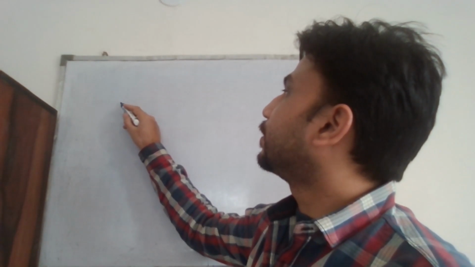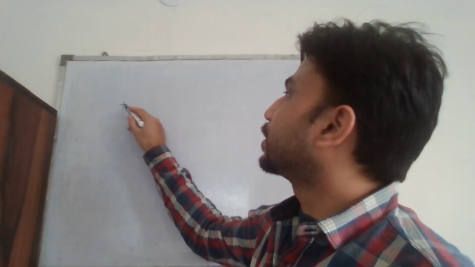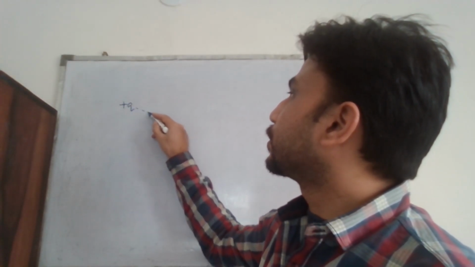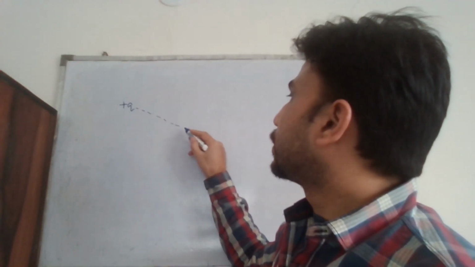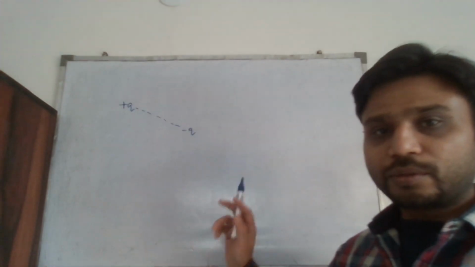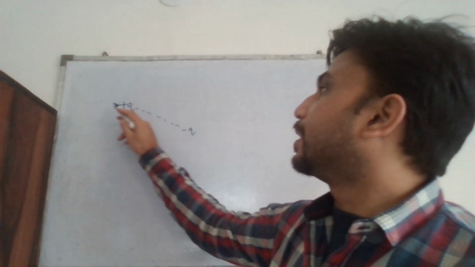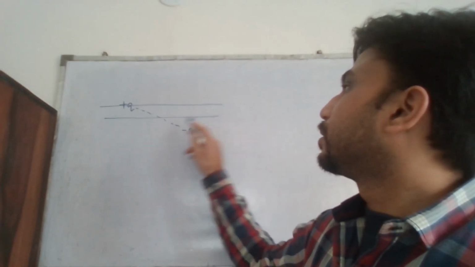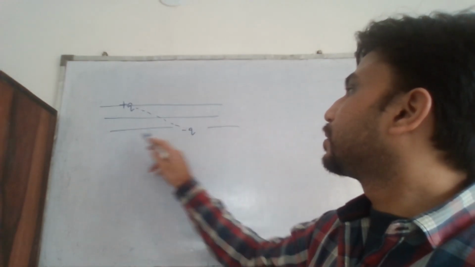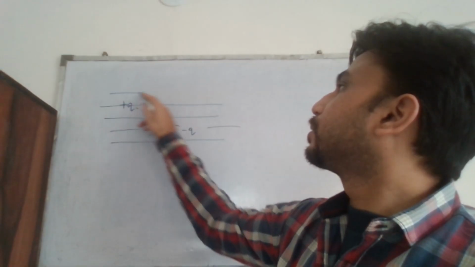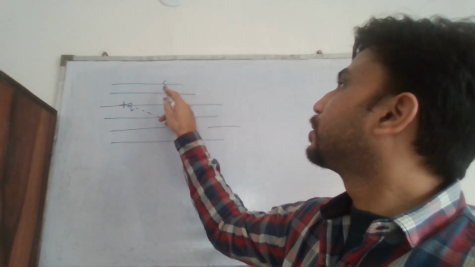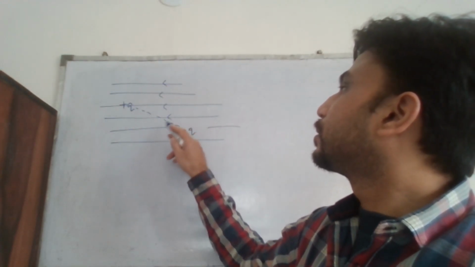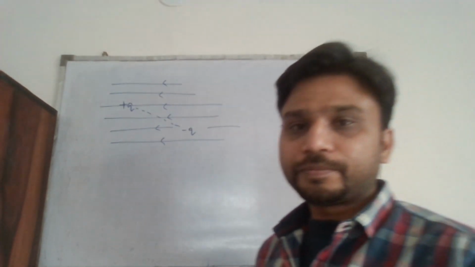We basically have a charge configuration like this, some positive charge and some negative charge. Now in this configuration, there is an electric field present along the axis of the dipole.